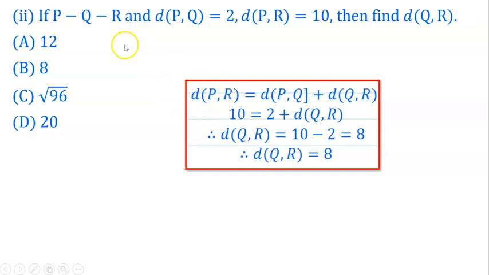That is the PR. Therefore distance PR is equals to distance PQ plus distance QR. We know distance PR, substitute here 10 is equals to PQ is 2 plus distance QR, and therefore distance QR is equals to 10 minus 2, that is equals to 8, and hence option B is correct here.